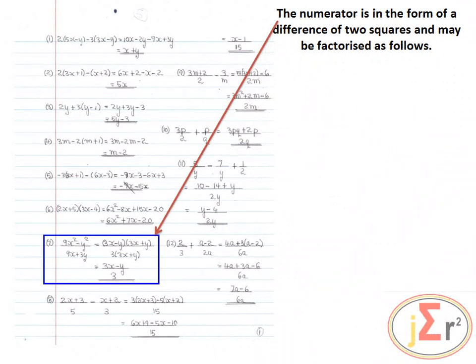The numerator is in the form of a difference of 2 squares and may be factorized as follows. Now we have the difference of 2 squares right there, and we are simplifying expressions.